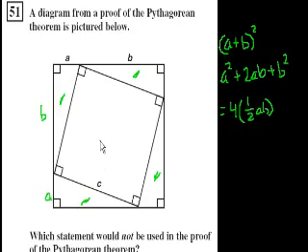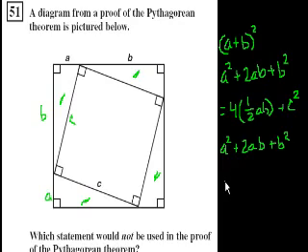And then we want to add the area of this inside square, and that's just going to be C squared, right? This side is C, that side is C. So plus C squared. And let's see if we can simplify this. You get A squared plus 2AB plus B squared is equal to 4 times 1/2, which is 2AB, plus C squared.